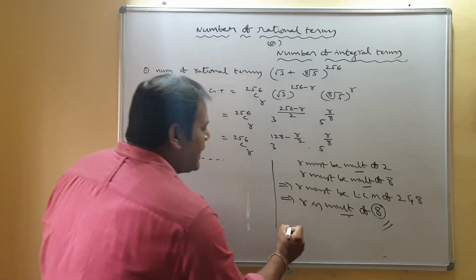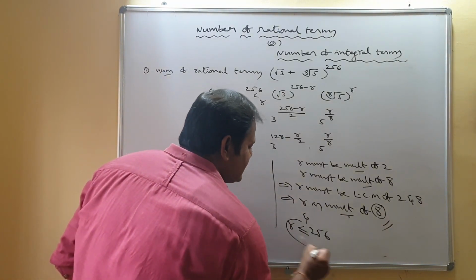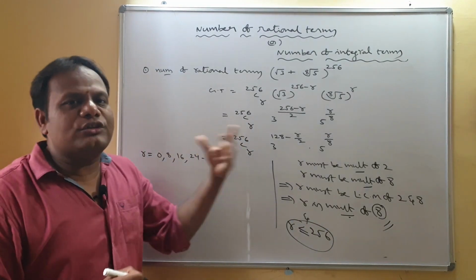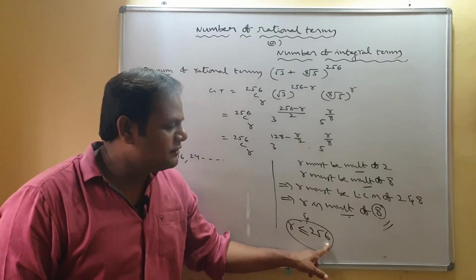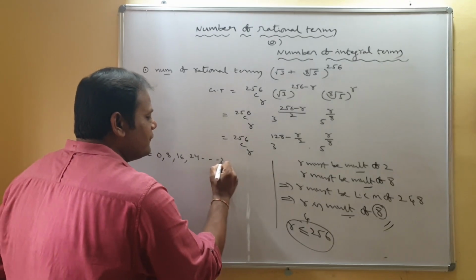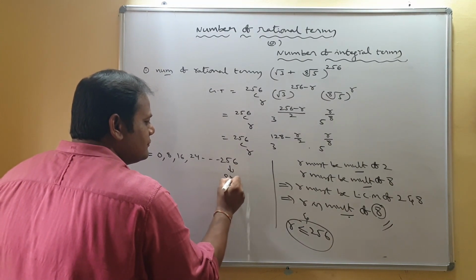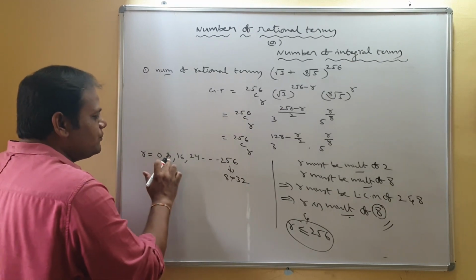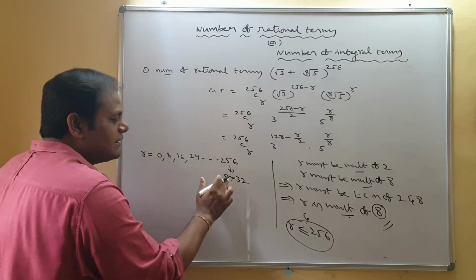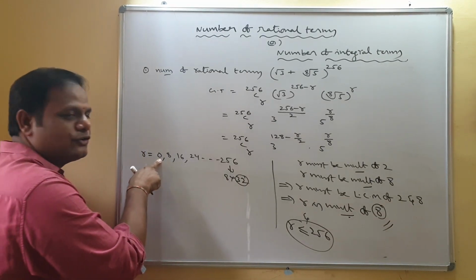We know that R must be less than or equal to 256, because R can never be more than n. Is 256 a multiple of 8? Yes, it is 8 into 32. So 8 ones are 8, 8 twos are 16, till 8 thirty-twos are 256, and 8 zeros are 0.